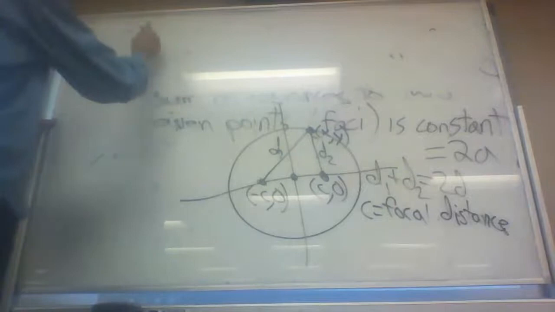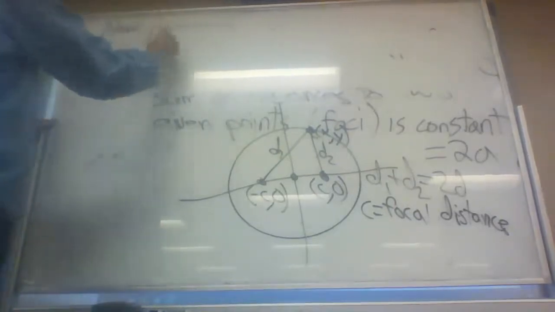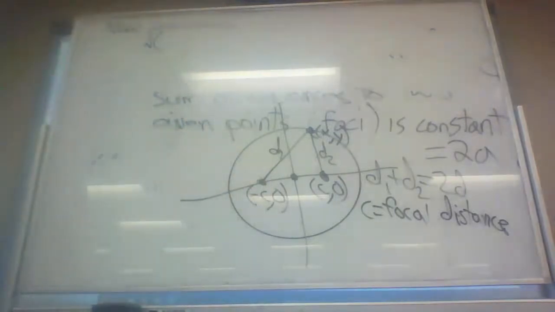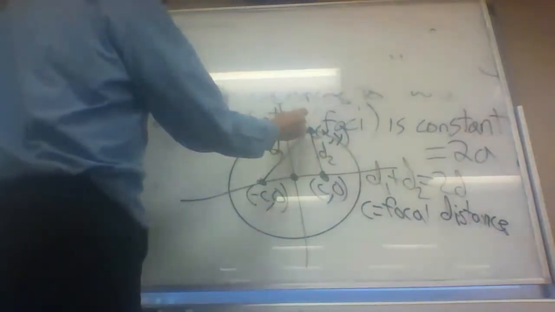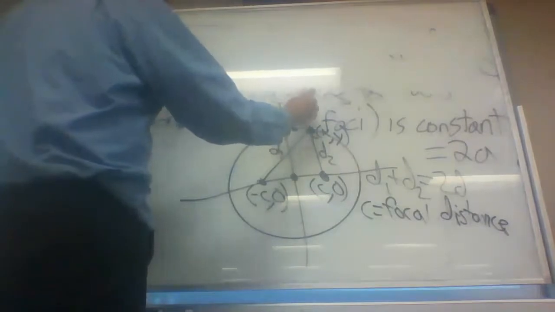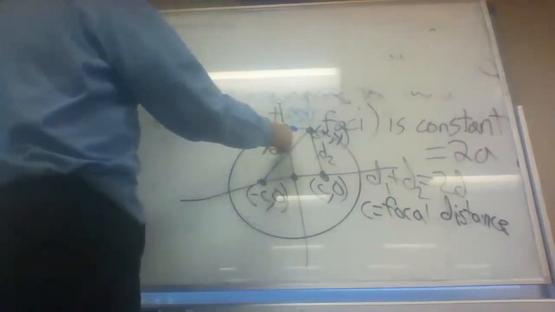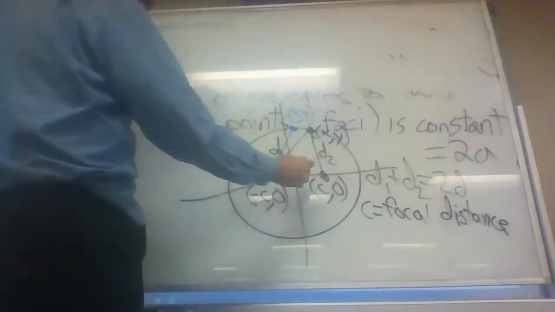Now, what does that tell me? At any point (x, y) here, the distance to this one, d1, is the square root of some squares of these numbers.